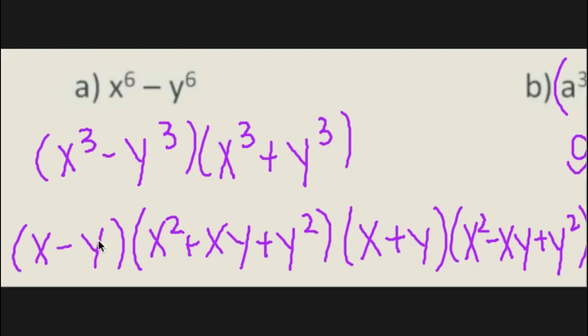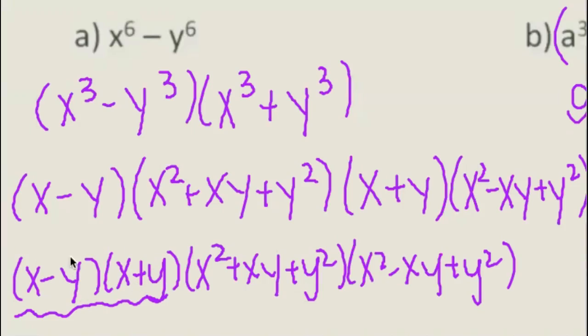So I'm going to take the first x minus y binomial and the second x plus y binomial, which you should recognize represents a difference of squares, which is how we started this problem. So x minus y times x plus y represents a difference of squares. So I'm going to write those two terms at the beginning and my two non-factorable parts at the end.